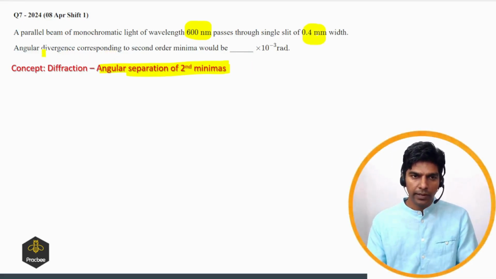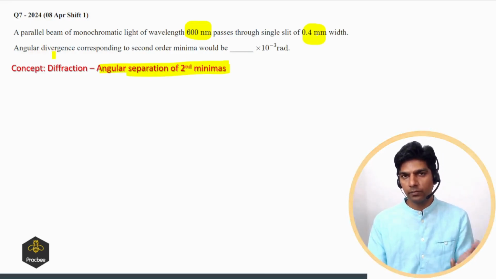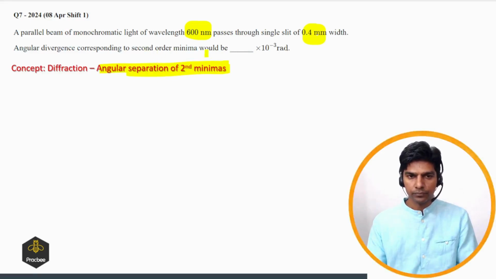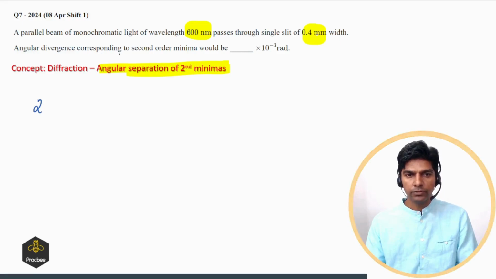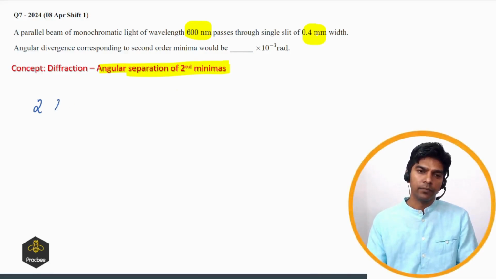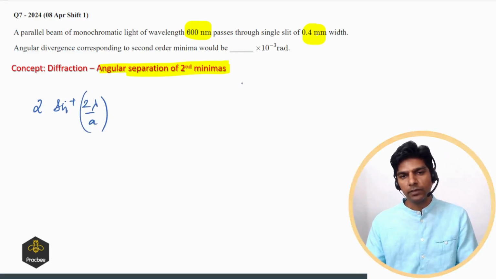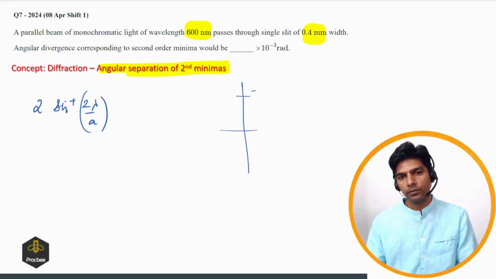Angular divergence, or angular separation, or angular spread, they are synonyms, corresponding to the second order minima would be 2 times sine inverse 2 lambda by A. So if they are asking about the second minima on either side of the central maxima, right?